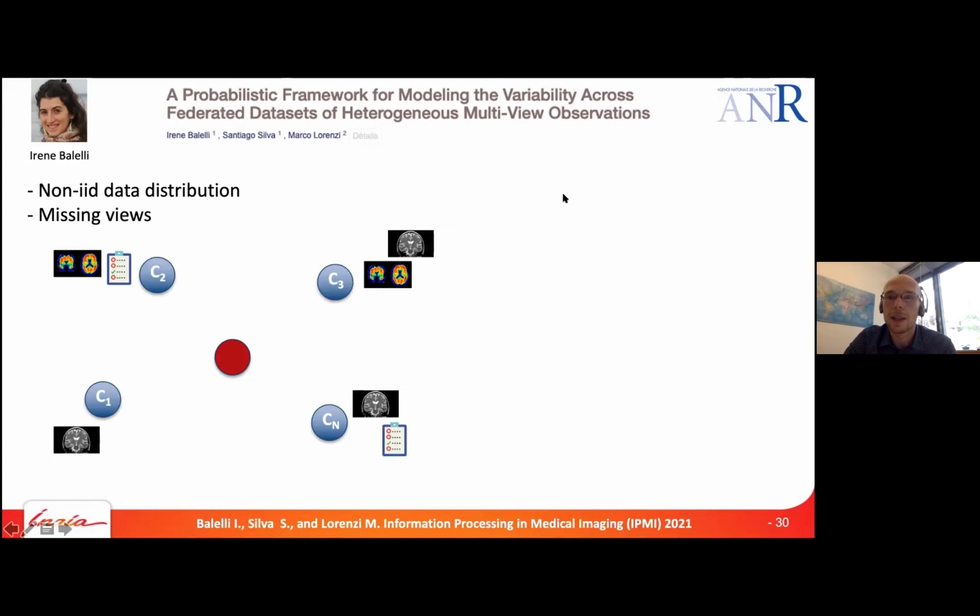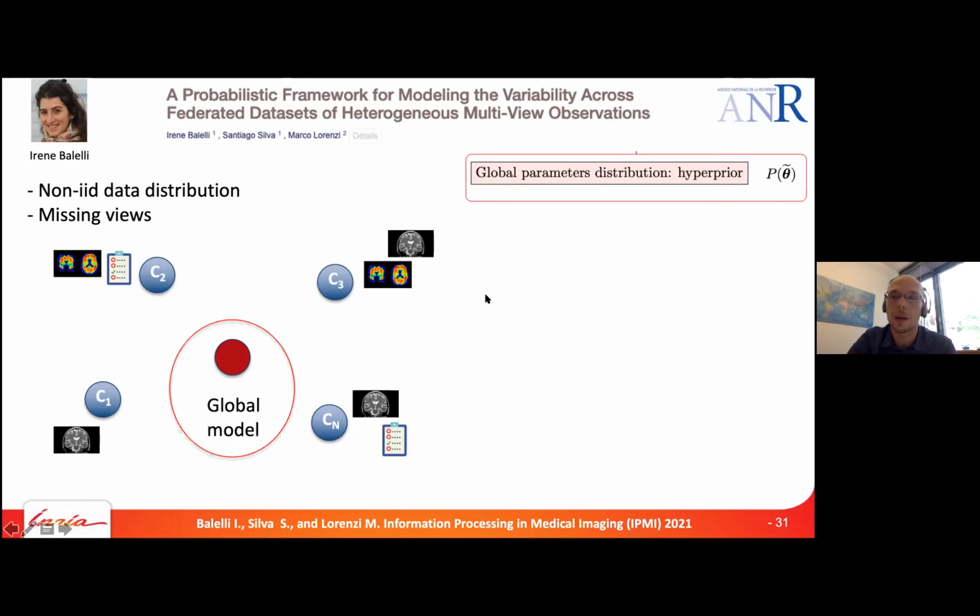The idea is that we can still imagine this server-client paradigm, and we want to model a global distribution of all this data, with their own particularities, their own variation that is center specific.